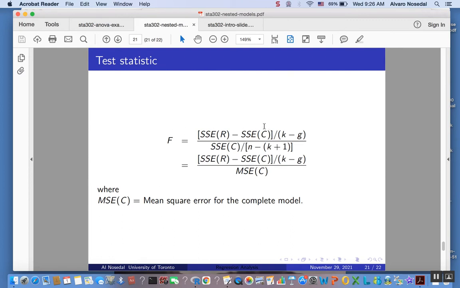We have a reduction in the sum of squares error for reduced and complete, we divide by the right number of parameters, and then in the denominator we have just the mean square error for the complete model. So let's try and do that.